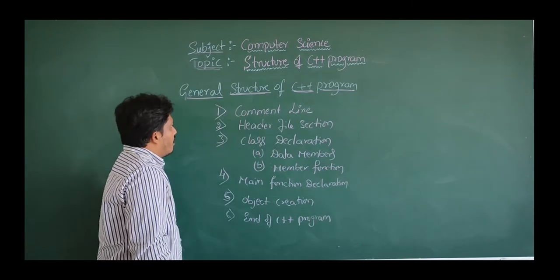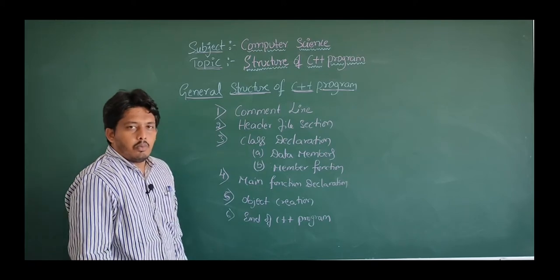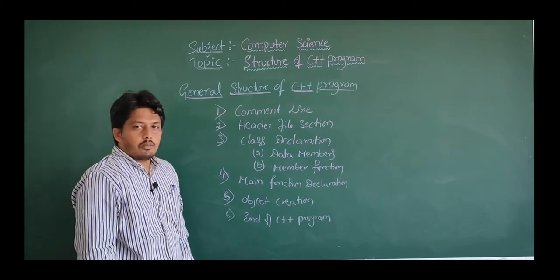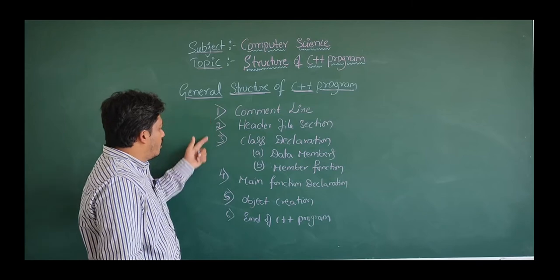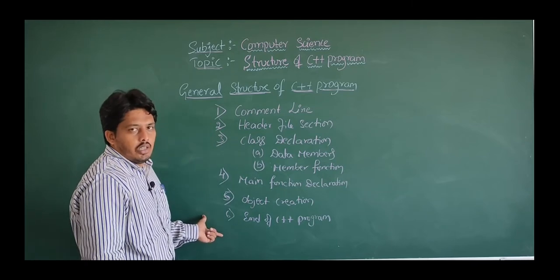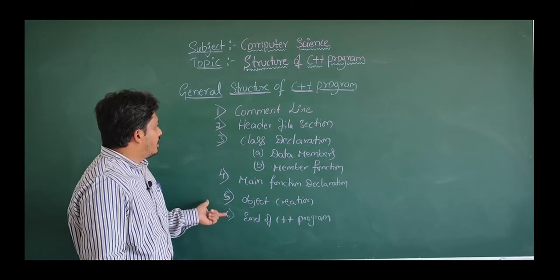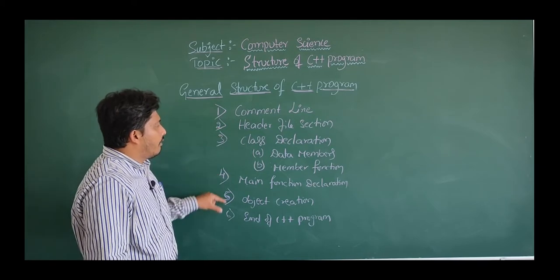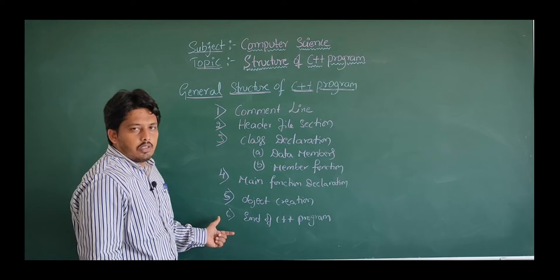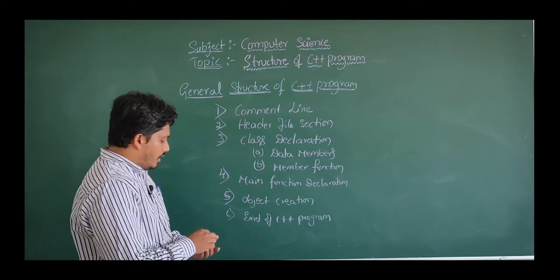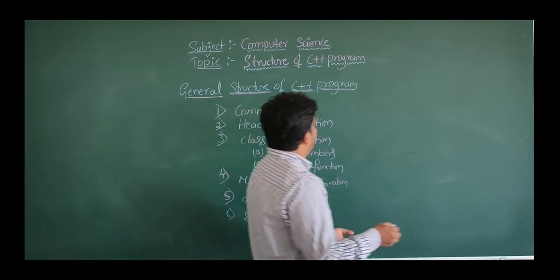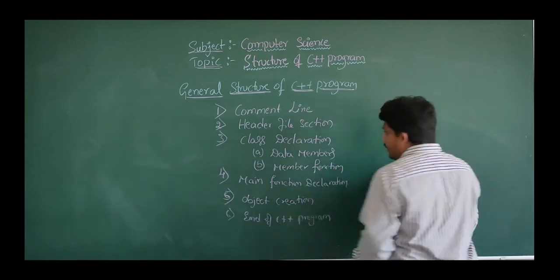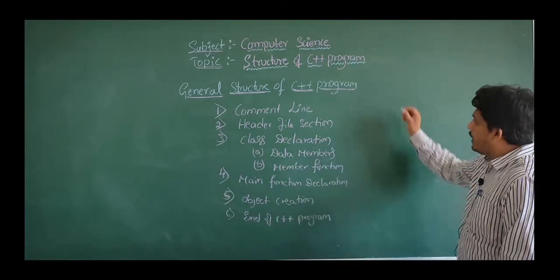So if you want to write any C++ program, you have to follow the steps which are given in the general syntax. Let us take an example program to understand what are all the things that we include in our C++ program. So I am going to write an example program here.